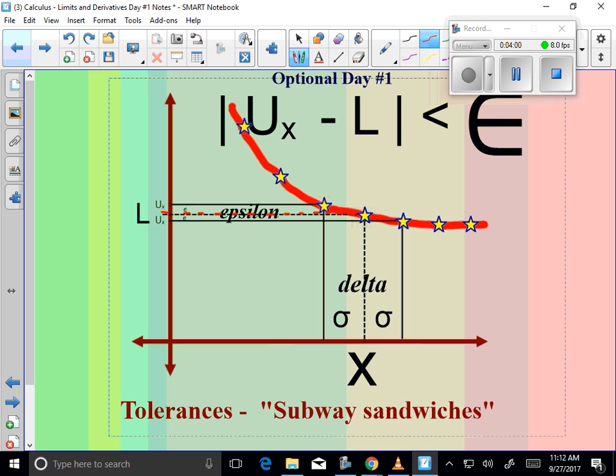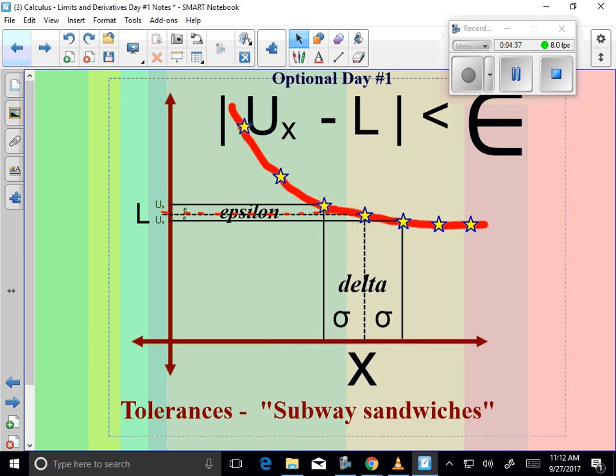Basically, this is a game we used to play in calculus in college. To prove that a limit exists, our teacher would say, if this limit really exists, I should be able to pick an interval around x, and you should be able to give me some interval around L. So he picked some interval.